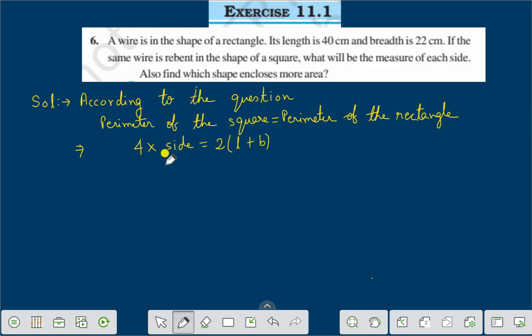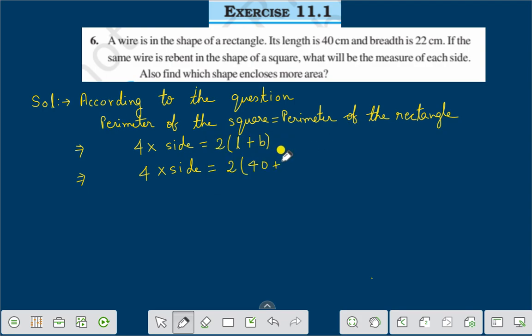Therefore, 4 into side is equal to 2 into (L plus B). Length is 40 centimeter and breadth is 22 centimeter.